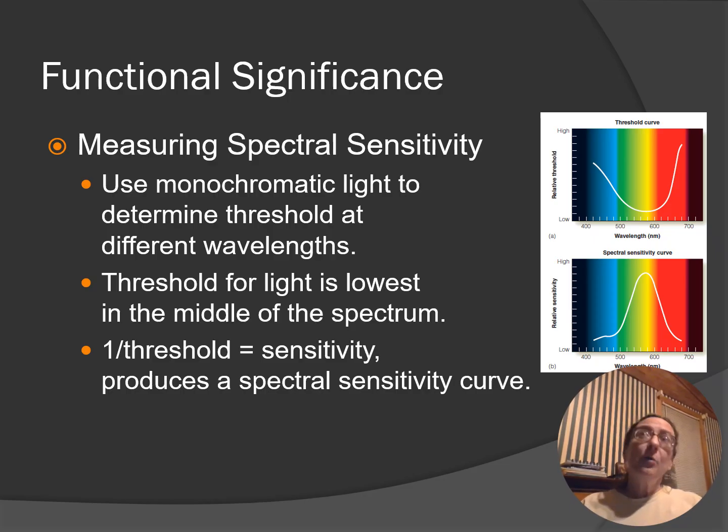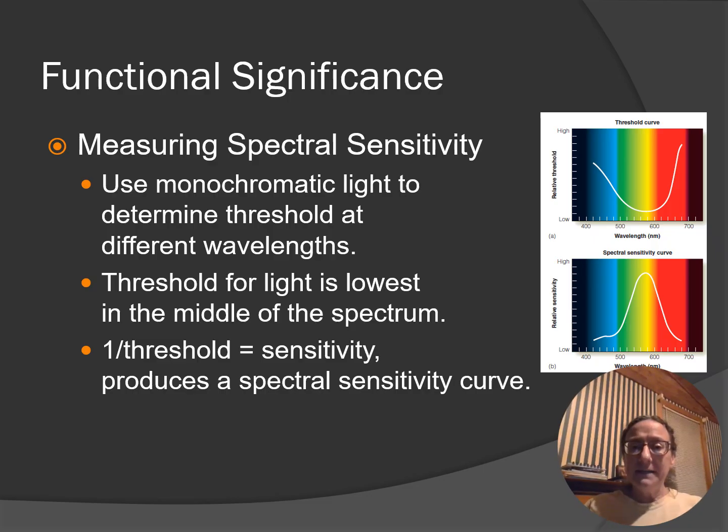Looking at how we measure spectral sensitivity, scientists have created monochromatic lights, truly sinusoidal waveforms, to determine our thresholds at different wavelengths. The threshold for light is going to look like what we were just looking at with the dark adaptation curve, where my lowest threshold is where I have the most sensitivity.